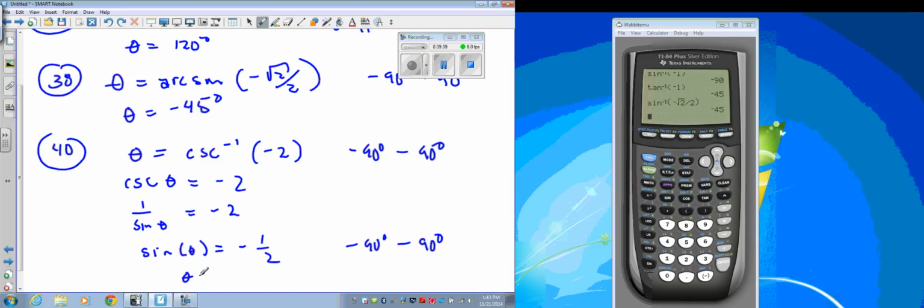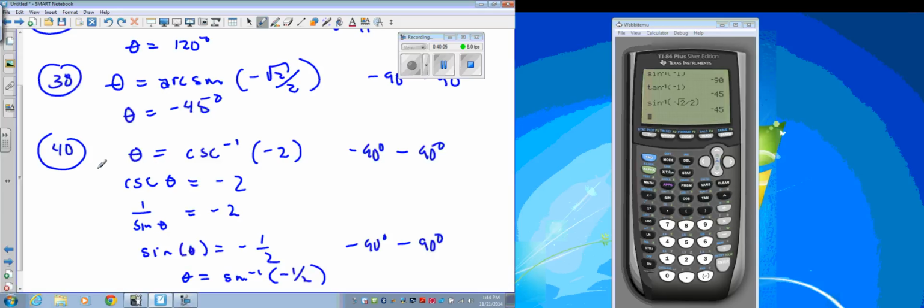If I actually did it in a calculator, then I would do it this way. But what is theta between minus 90 and 90 that results in negative 1/2? What's that? Negative 30 degrees. So the theta that's here is the same theta that results in this.